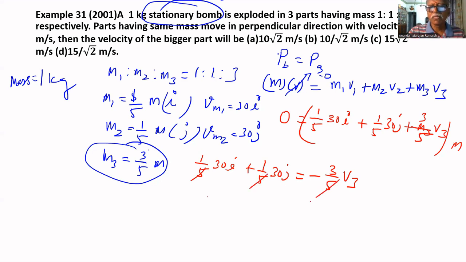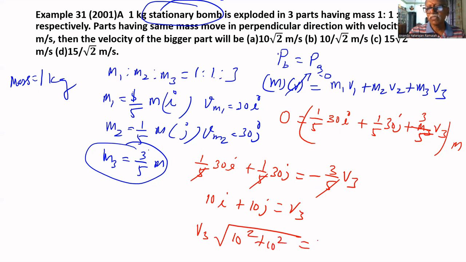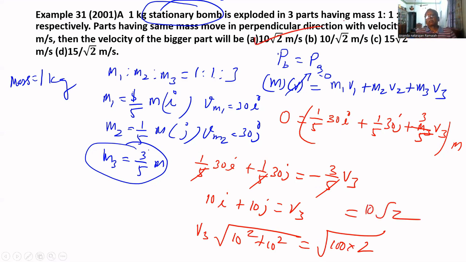Divide by 3, means 10i plus 10j equal to V3. Here we can find only magnitude. Therefore, V3 equal to square root of 10 square plus 10 square, that is equal to square root of 100 multiplied by 2, that is equal to 10 root 2. Therefore, A is the answer.